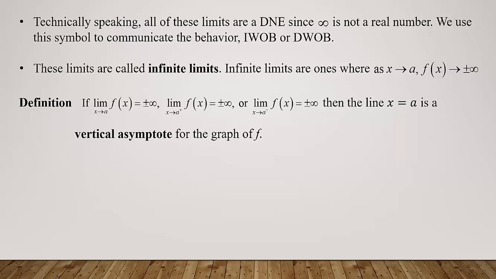Okay, so now what we tend to do, though, is we tend to turn this around and say, if we know where there is a vertical asymptote, then we know a limit. If we know there's a vertical asymptote for the graph of f, then we know what a limit would be.